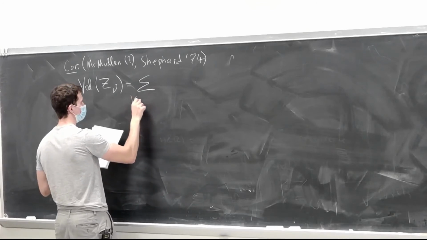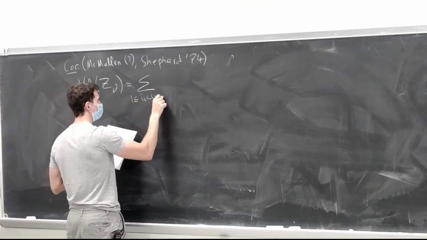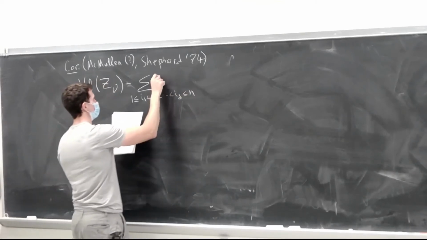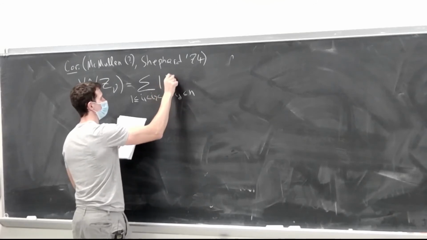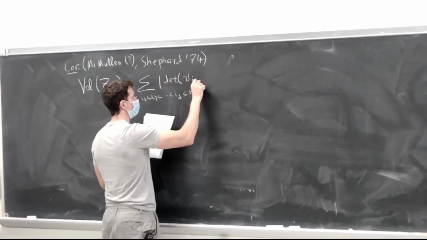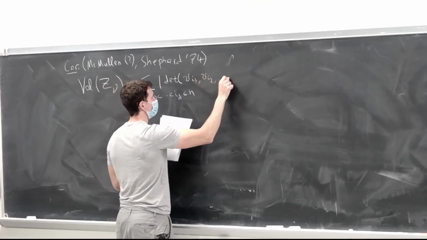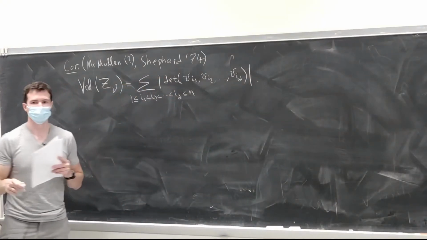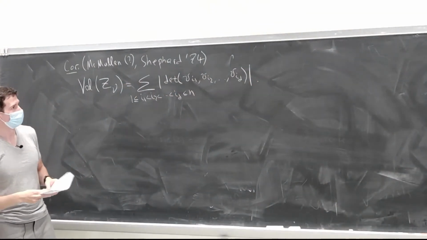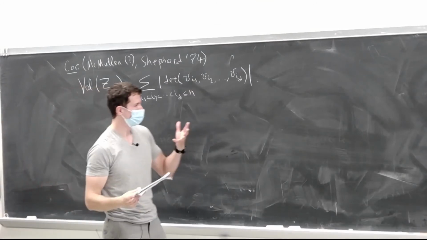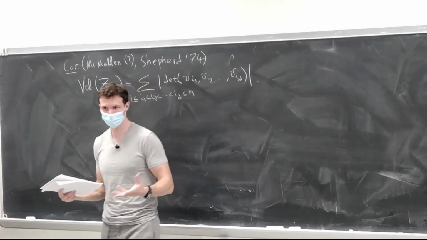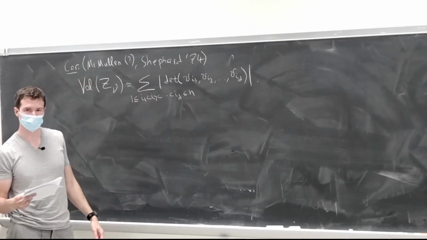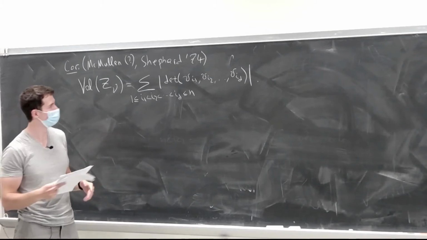We'll just write it like this: the sum over I1 less than I2 less than ... less than Id in n of the absolute value of the determinant of the matrix with columns v_i1, v_i2, all the way up to v_id. Like with the order polytopes, where we computed the volume by triangulating into simplices, here we're subdividing it into these fine zonotopal tiles.